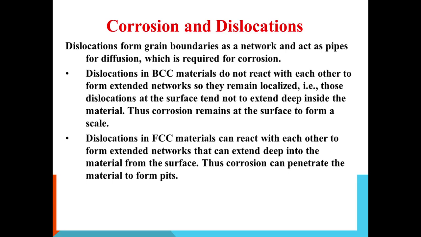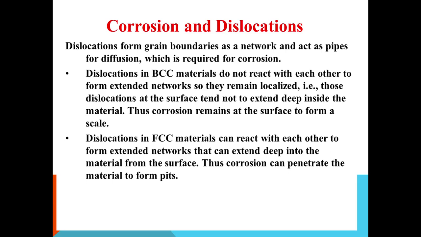The type of dislocation in body-centered cubic, face-centered cubic, and hexagonal close-packed are different. Dislocations in body-centered cubic materials do not react with each other to form an extended network, so they remain localized.